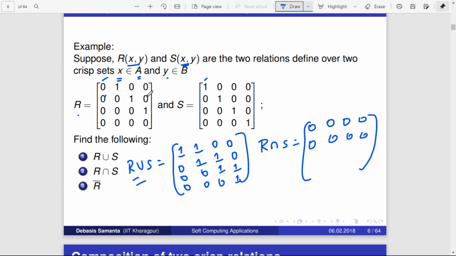Is there anywhere where two ones are coming at the same place? Here all ones are appearing on the diagonal, whereas here none of the ones is appearing on the diagonal. So there is no place where two ones are appearing at the same place.